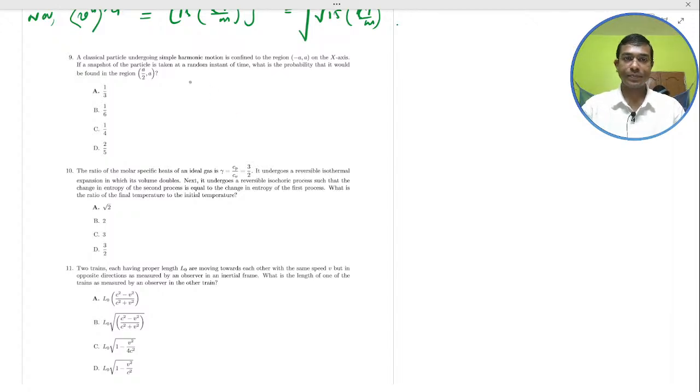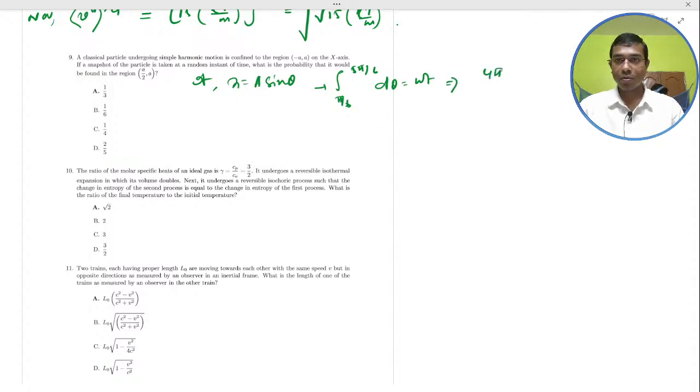If x equal to a sin theta, then the integral pi by 6 to 5 pi by 6 d theta, meaning omega t, that is equivalent to 4 pi by 6 equal to twice pi by T into t, or t by capital T equal to 1/3.